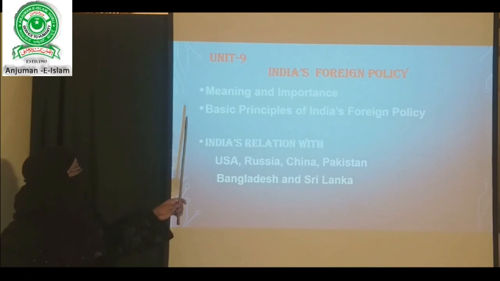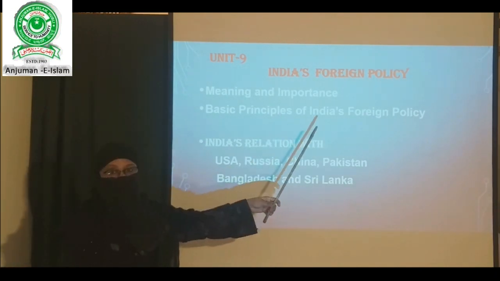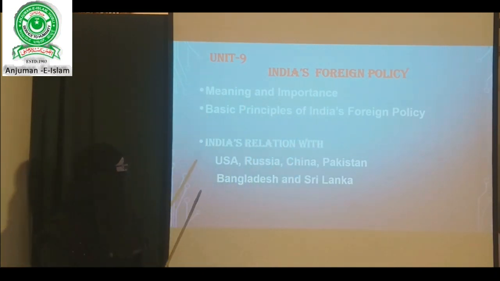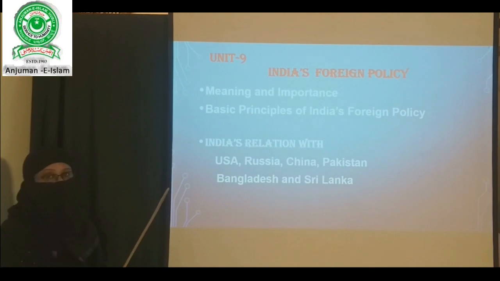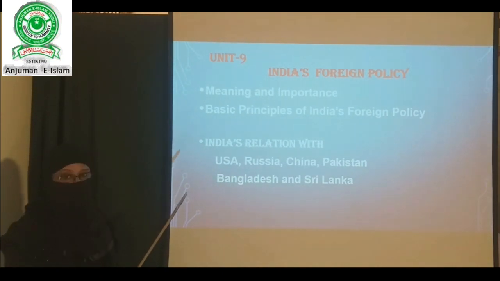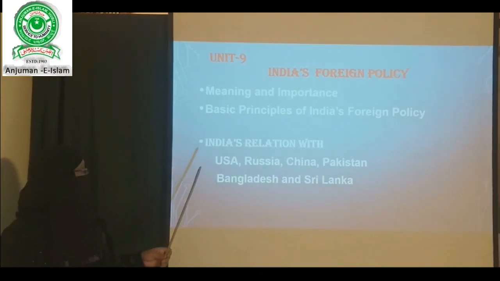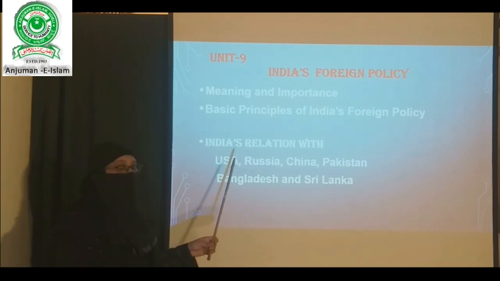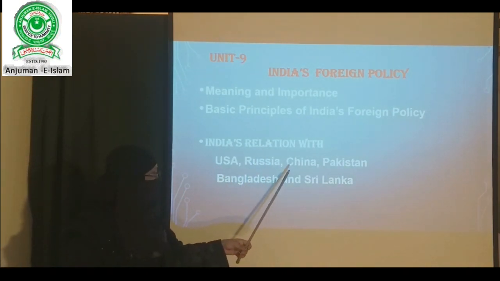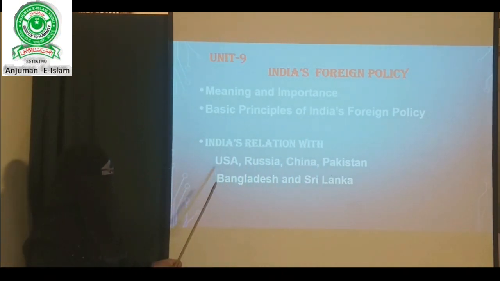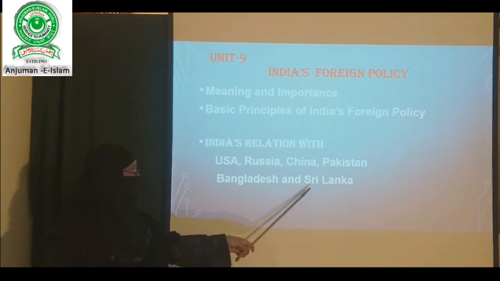Here we will be seeing the basic principles of India's foreign policy in detail. And last one is India's relations with these countries: USA, United States of America, Russia, China, Pakistan, Bangladesh and Sri Lanka.